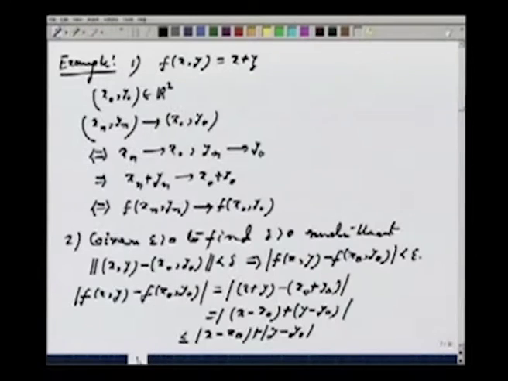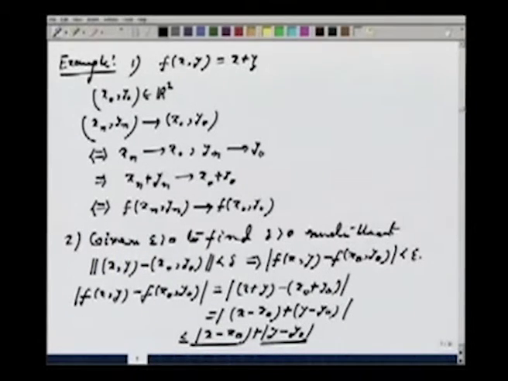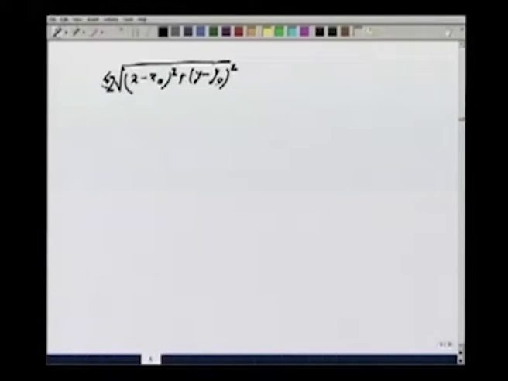because look at this quantity. I have observed that this is less than or equal to square root of (x minus x naught) square plus (y minus y naught) square. Similar is the second quantity. So both of them are actually less than that square root, so as a whole, the whole thing is less than this. Okay. So I want to prove this to be less than epsilon. For which delta should it happen?